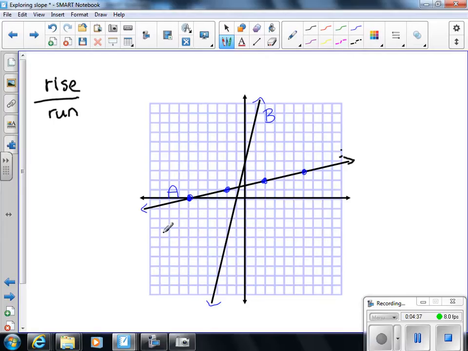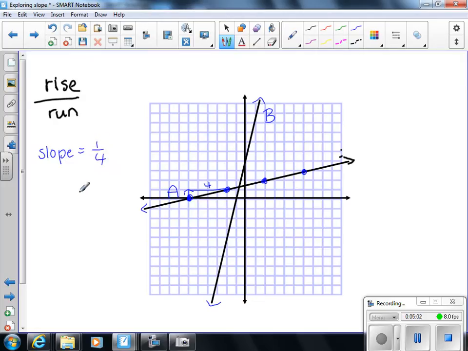All right, so what can I do to find my slope? There's 2 ways. What's one way? Rise over run. Okay, so let's go from this point to that point. What was my rise? 1. What was my run? 4. So I know my slope is 1/4.